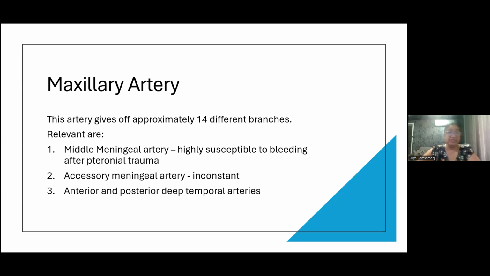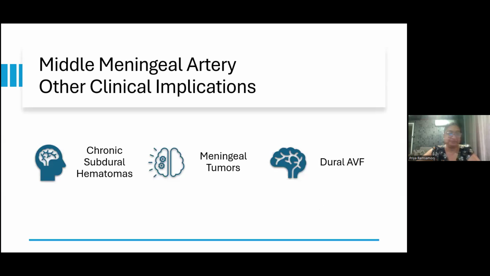More importantly, because it is so adherent to the bony walls of the skull, naturally in trauma, any sort of injury to the bony walls of the skull can result in injury to the middle meningeal artery. And we then understand why, in up to 85% of cases, injury to the middle meningeal artery will result in an epidural hematoma.